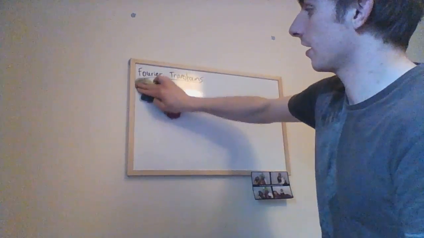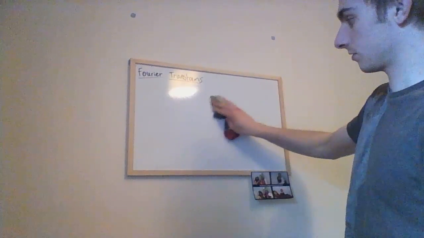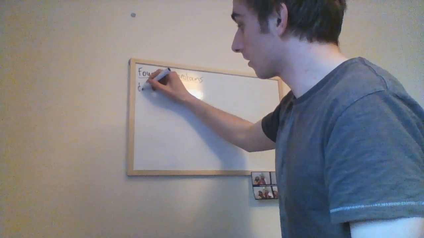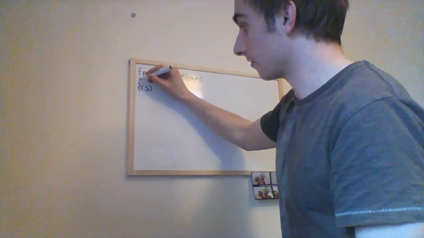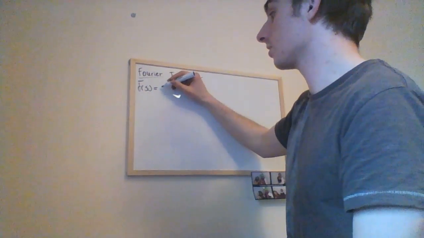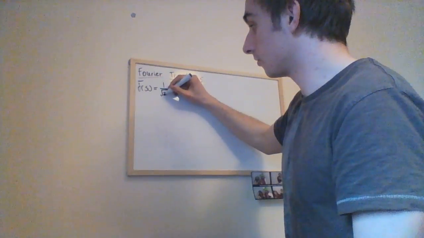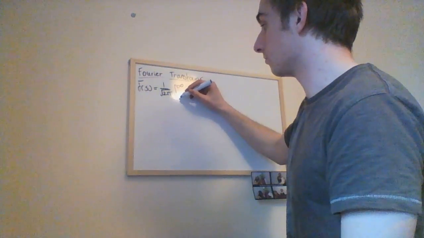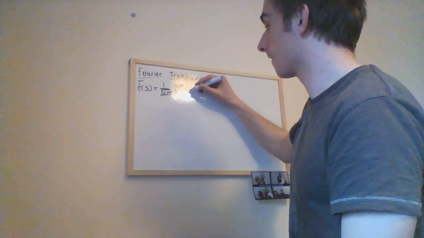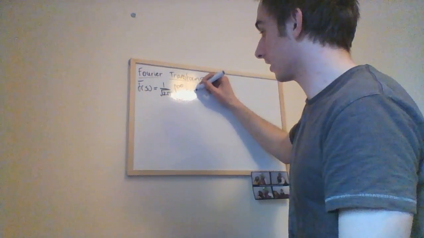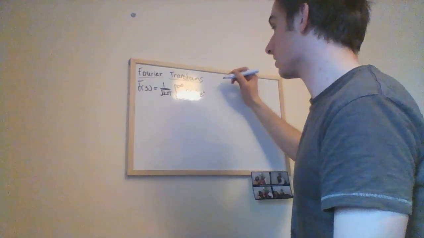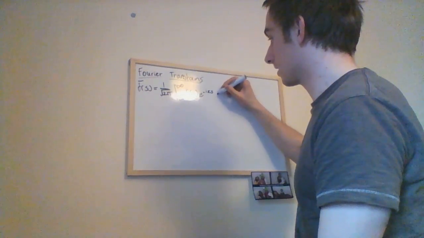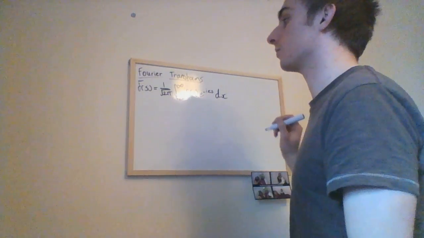So if I take my old Fourier transform, I'll just write it up here: f of s equals 1 over root 2 pi, integral over the infinite domain of f of x e to the minus i x s dx.